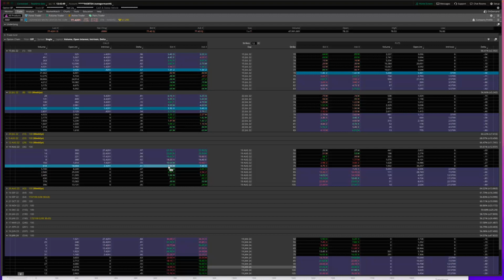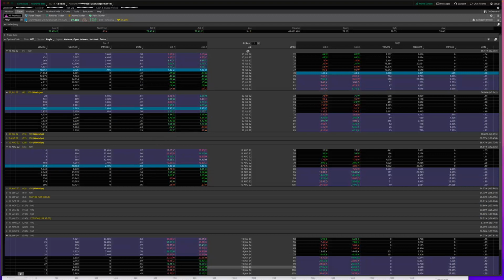So for every dollar move, I'm going to capture 60 to 61 cents of that move. I don't have theta listed on here, but going out 36 days, I'm not worried about theta until I get about 7 or 8 days in.